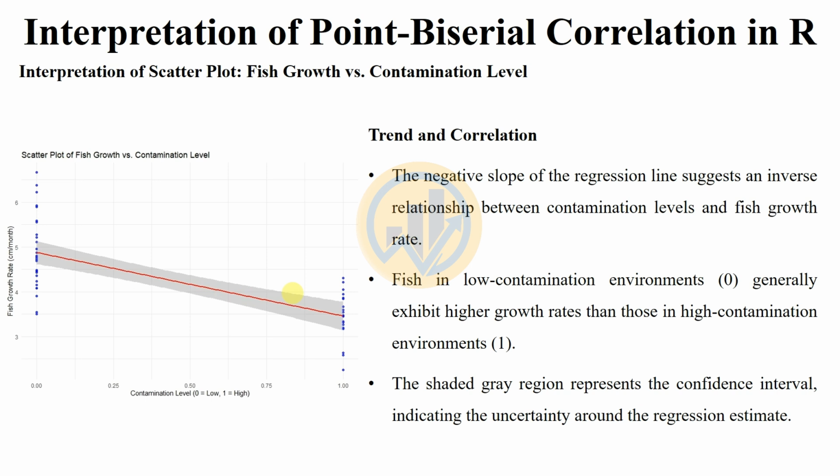Fish in low contamination environments (0) generally exhibited higher growth rates than those in high contamination environments (1). The shaded gray range represents the confidence interval, indicating the uncertainty around the regression estimate.